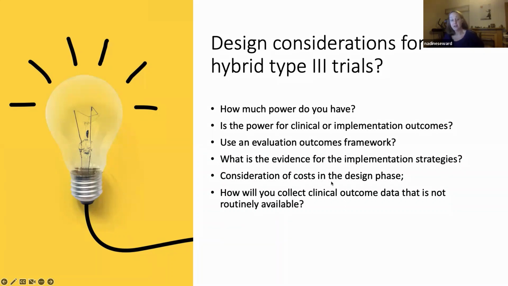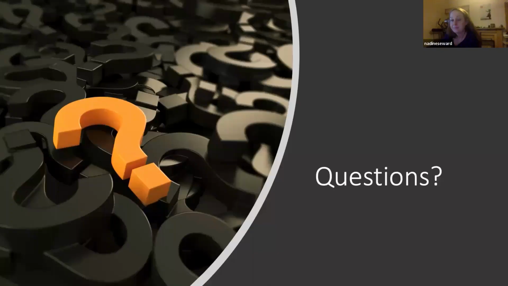Importantly, look at the costs in the design phase, not post hoc. I would always consider doing that. And there are some nice papers out there on why it's important in implementation research to look at that before you pilot it or test the effectiveness. And how will you collect clinical outcome data that's not routinely available? That's it.